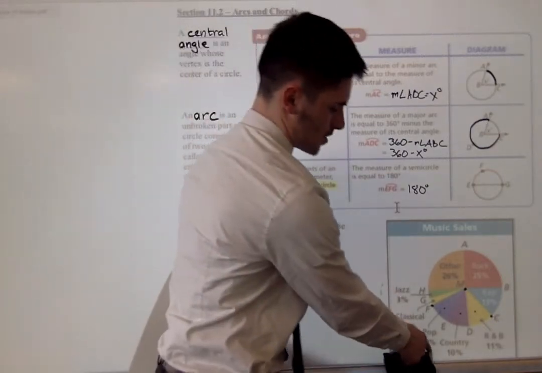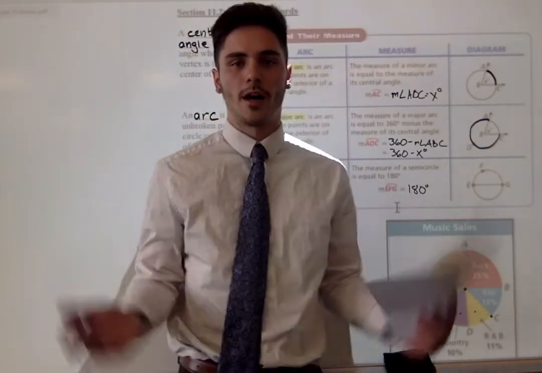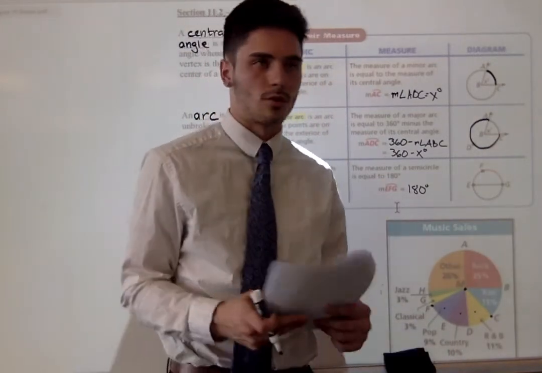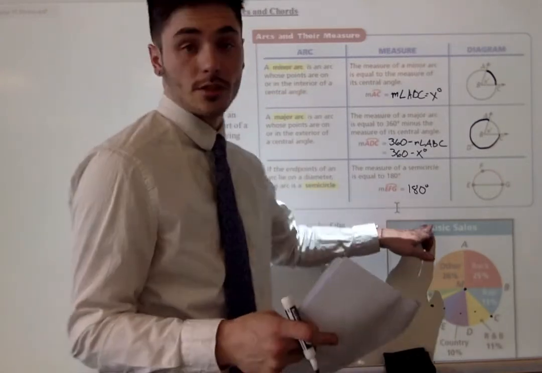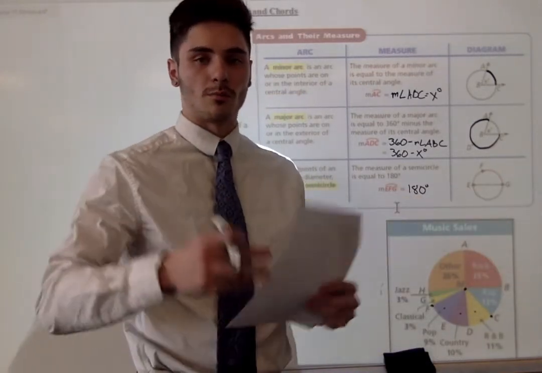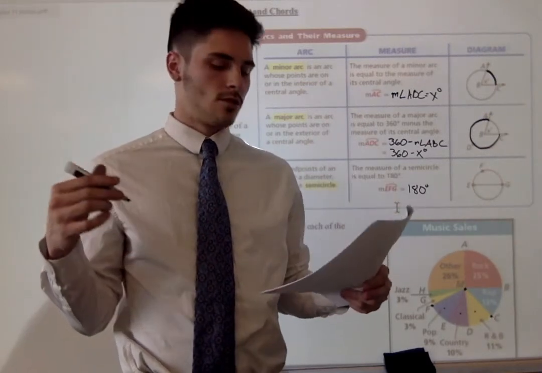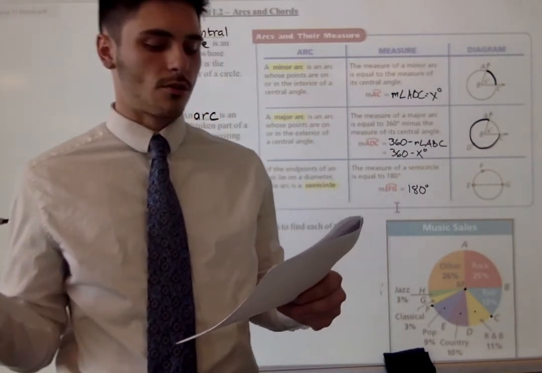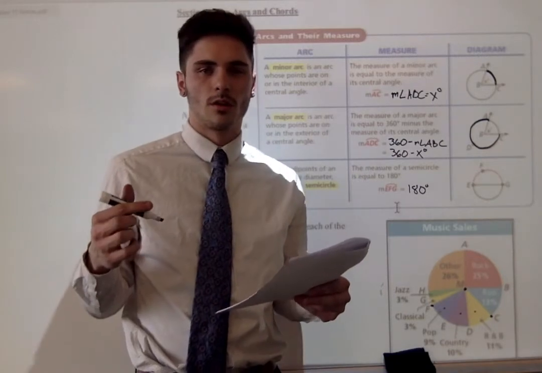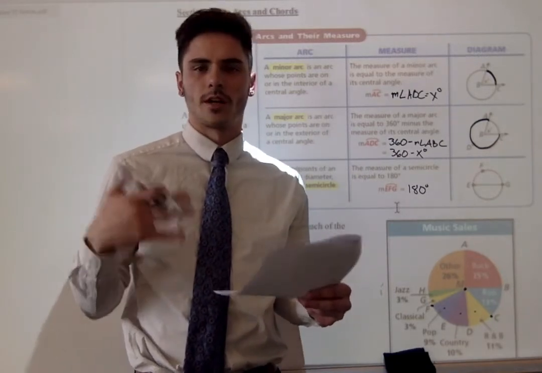So what these percents are telling us is the percent of the total pie that each section takes up of the total circle, and in this case, total music sales. So what we can do is multiply that 100% times 360, to get it into degrees.